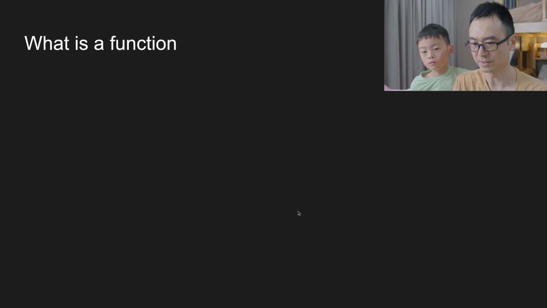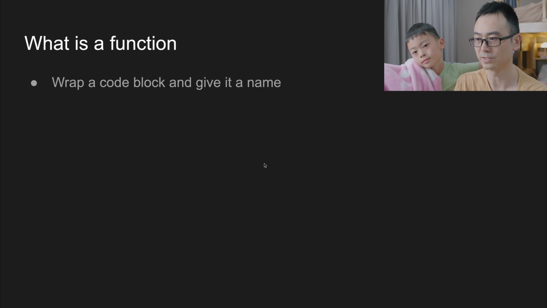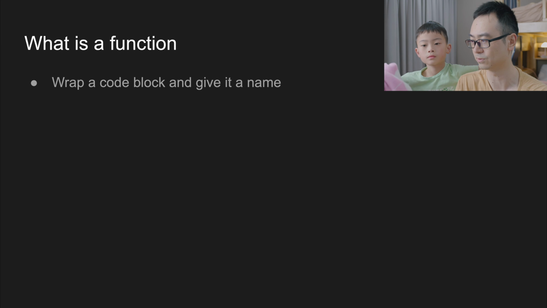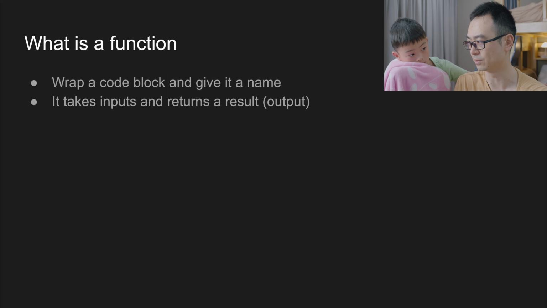Now, since in this episode we talk about functional programming, we need to learn what a function is. A function is basically a special kind of code block. It wraps your code, doing the same thing, into one function, and you give it a name. It's like a variable. It takes inputs and then returns something as an output. So it's very straightforward.